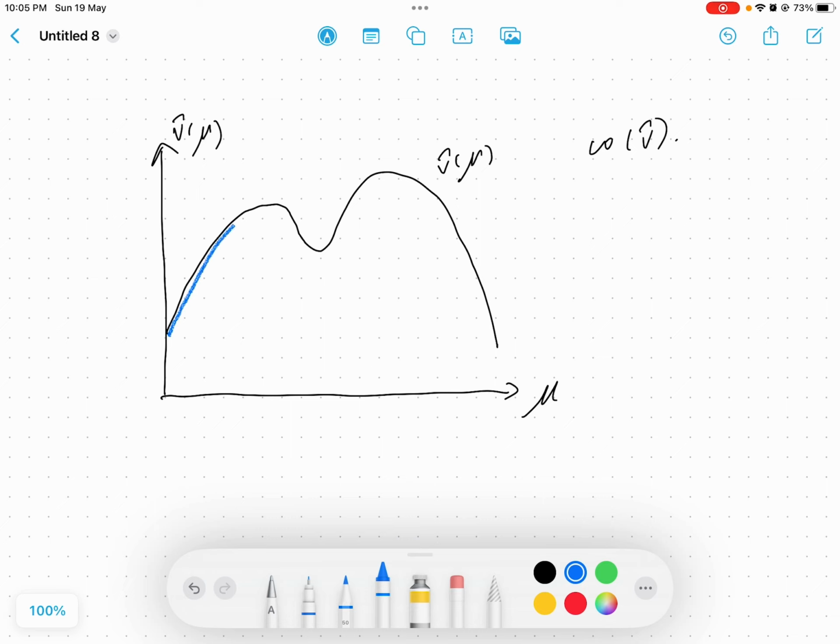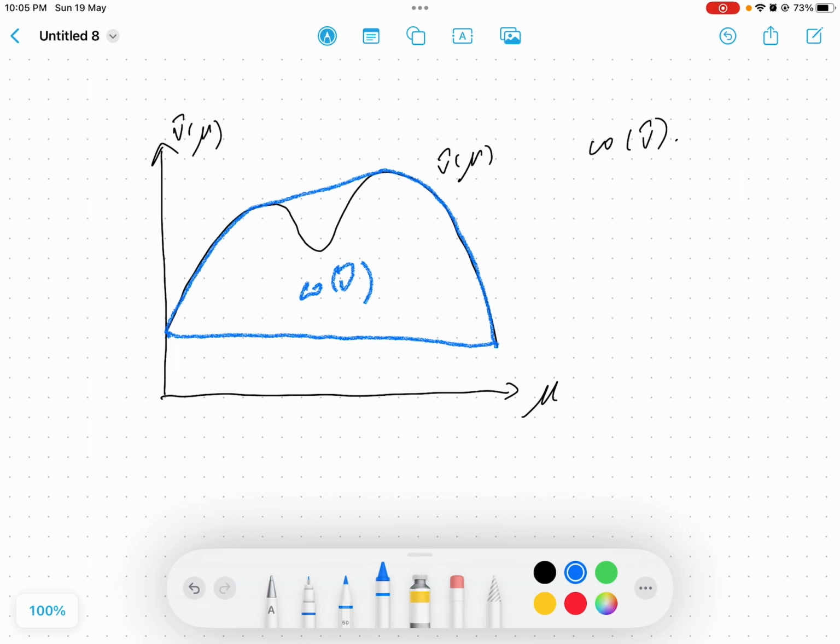And the area is within these blue lines, right? So actually, this is the convex hull of the graph of v hat, right?